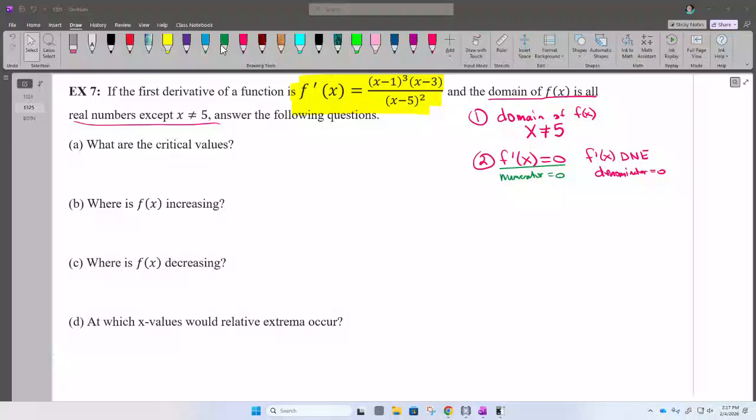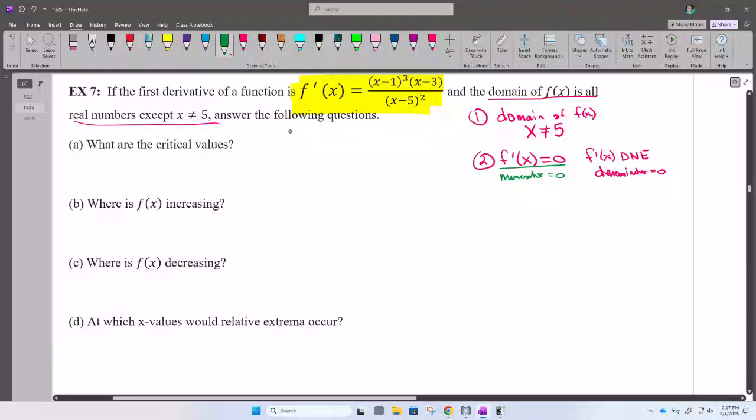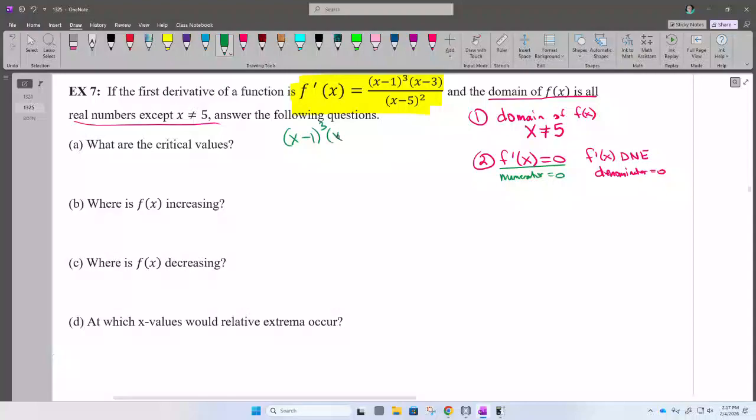Alright, so setting the numerator equal to 0, it has x minus 1 cubed and x minus 3. We don't care if there's a cube or a fifth power or fourth power or squared, because what is 0 to the third power? That's 0 times 0 times 0, which is 0, right? So we don't care what power it's being raised to. What we care about is, in the parentheses, does that equal 0?